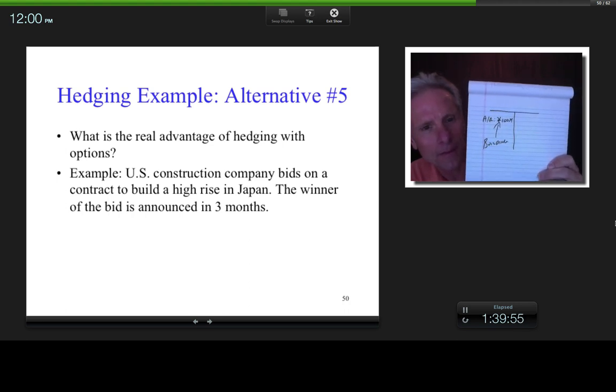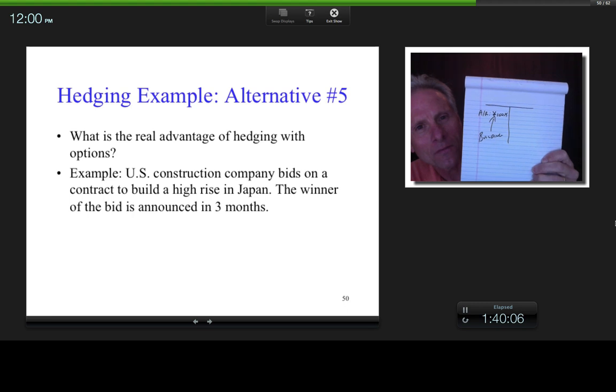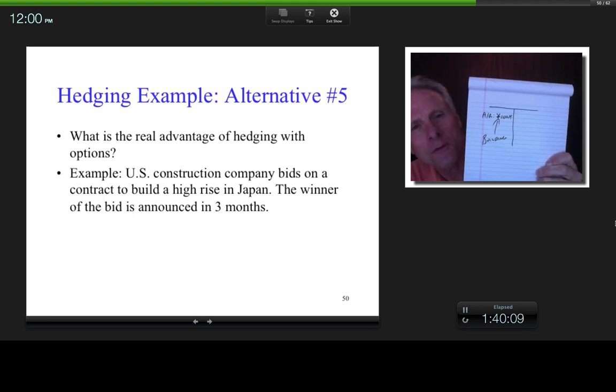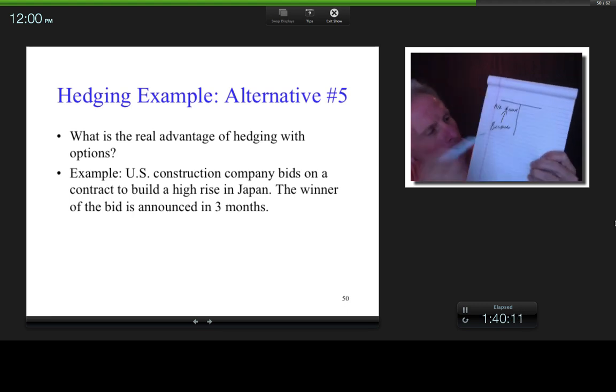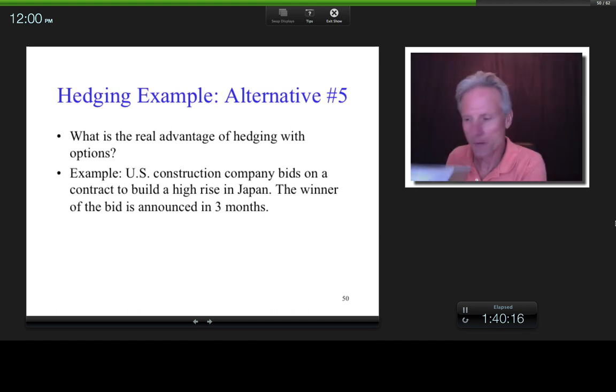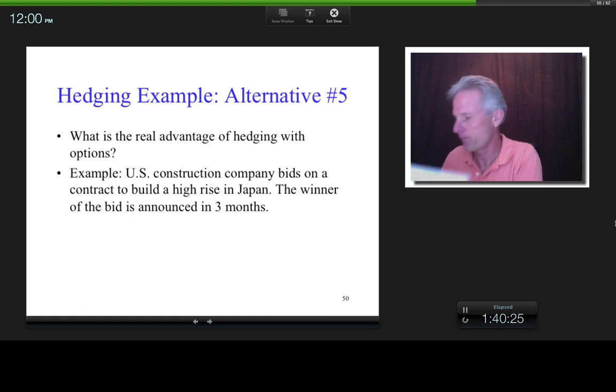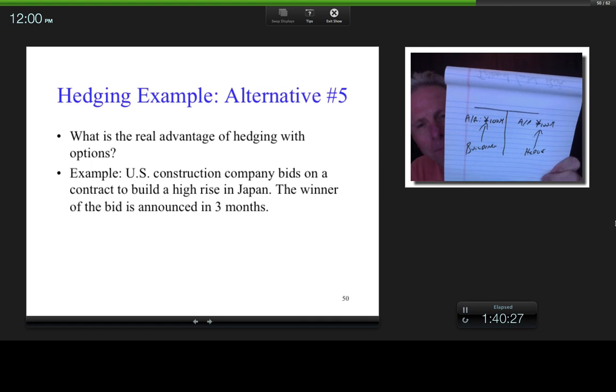But 3 months later, as far as dollars is concerned, if you win the bid, would you be getting unexpectedly more dollars or fewer dollars? You would, right? So if you were going to hedge, what side would you hedge on? The same side or the opposite side? The opposite side, right? So somehow you would have to set up your hedge, 100 million yen accounts payable, on the other side.